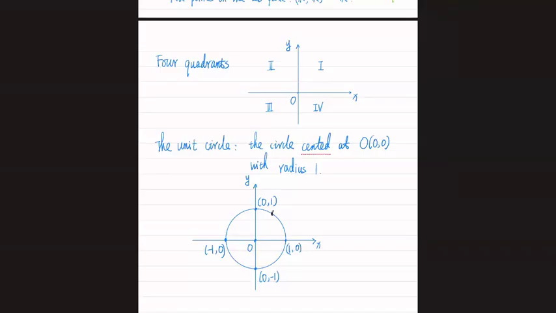What's the y coordinate? In general, it's not easy to give the explicit number for a general point on the circle.